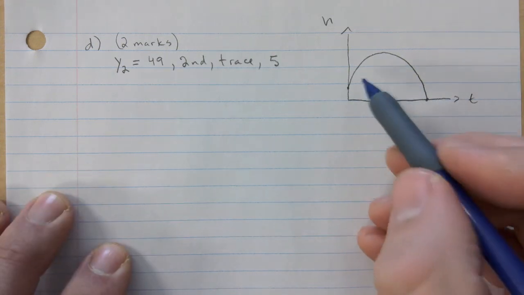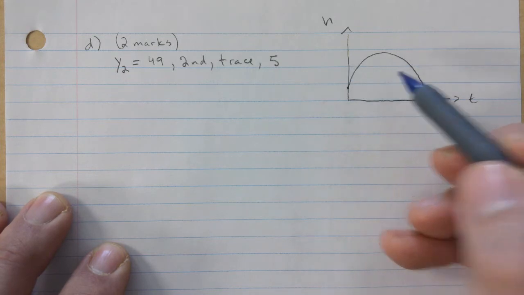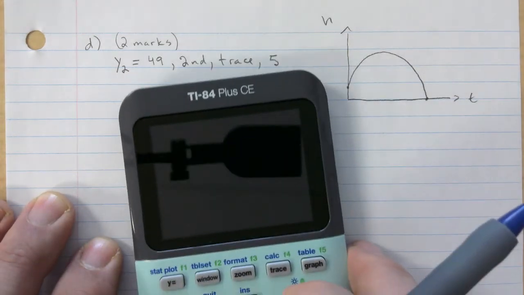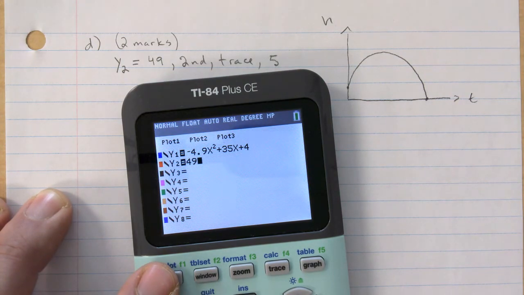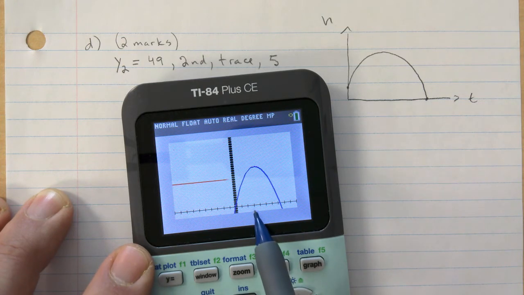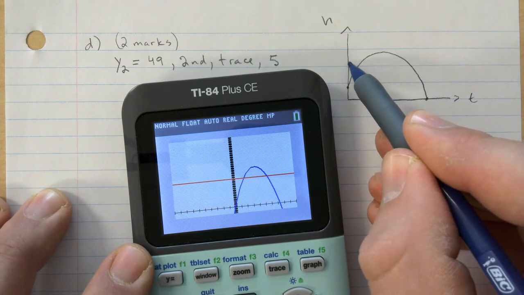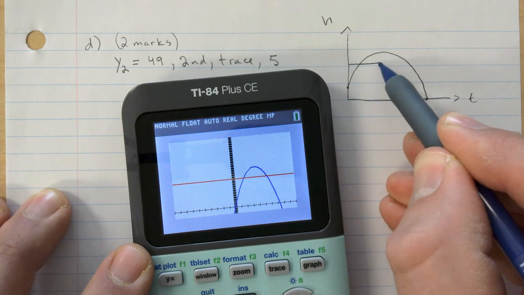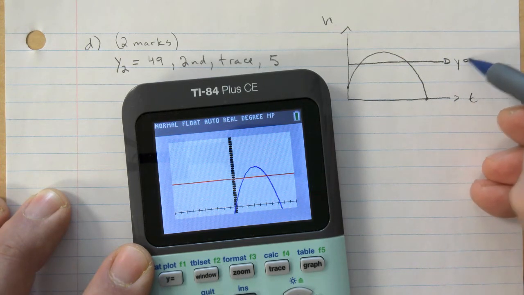The line y equals 49 is probably going to be, let's graph it so we have a better idea. So let's go y2 equals 49. I'll just show you here. It's right about there. So it's closer to the top here. So just for reference, we're going to graph this here, a straight horizontal line. Right, this is the y equals 49 line.